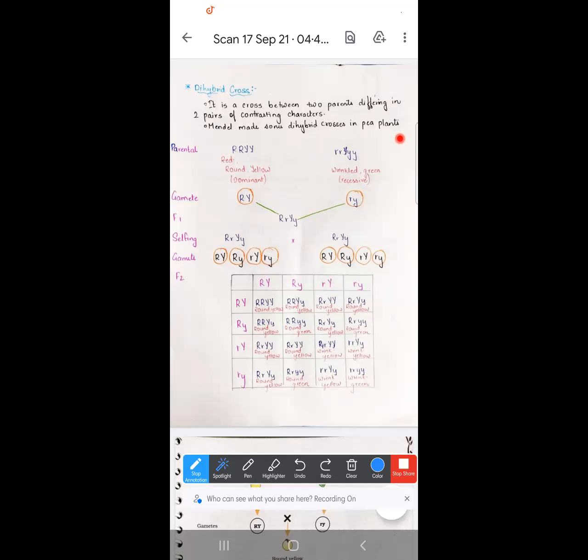The steps to follow for the dihybrid cross are the same as for the monohybrid cross, but here the phenotype and the genotype are different. Here the parent will have two characters, that is RR for round and YY for yellow. The same goes for the other parent.